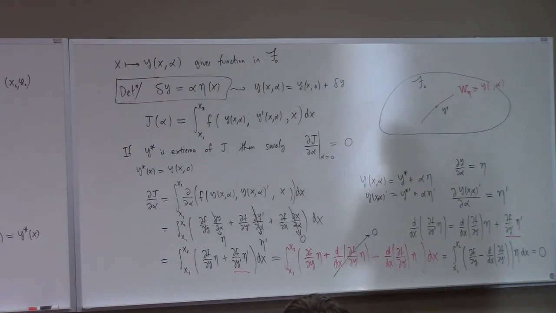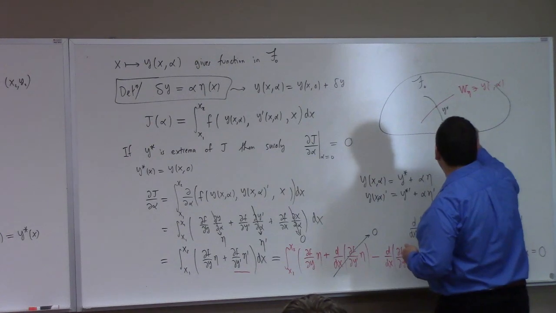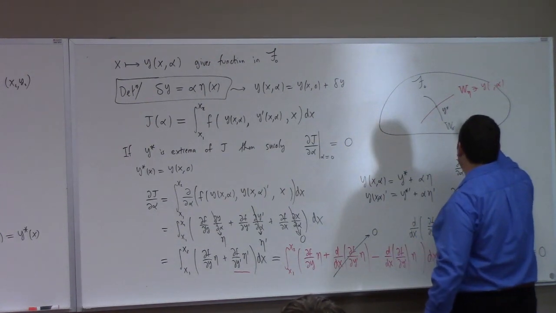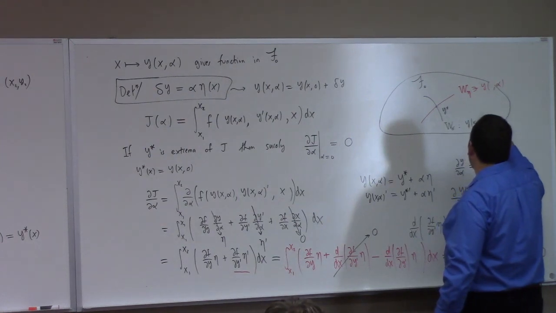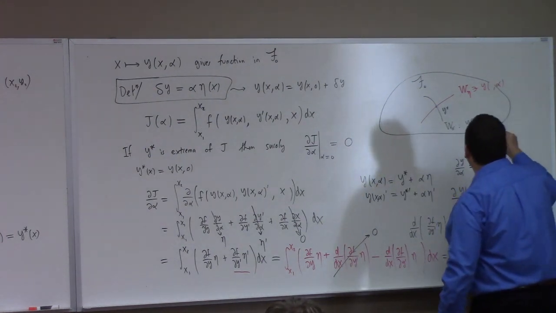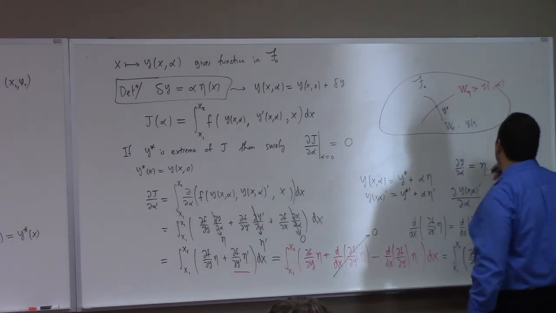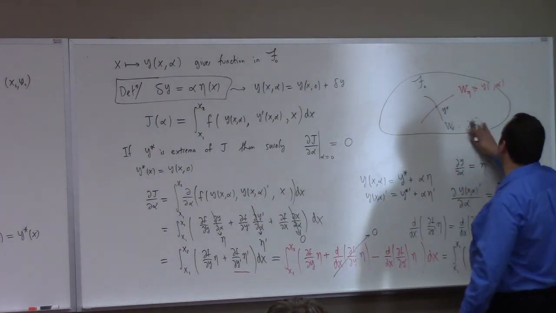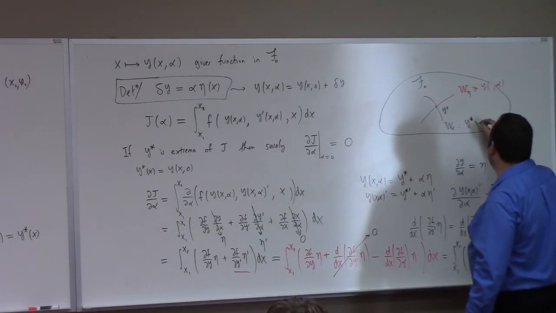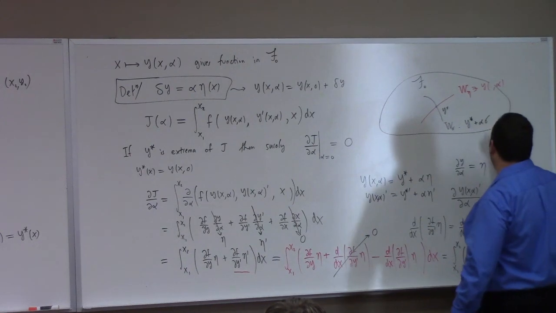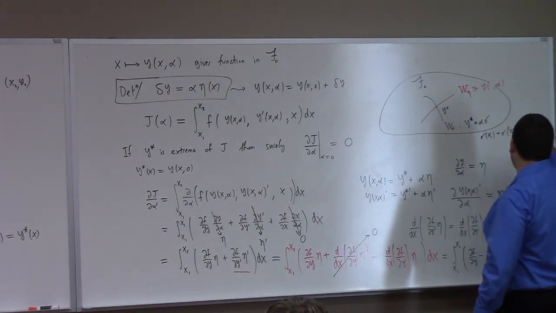So, in other words, maybe there's another variation, y of x, sigma, where the typical thing would be y star plus alpha sigma, where sigma of x1 equals sigma of x2 equals 0.